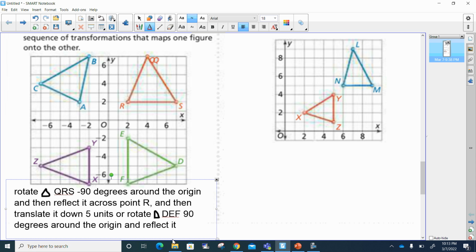Reflect it across, I guess we could say point E, but because E would be here, we could say across 2, right? Where x is 2, across line x equals 2.